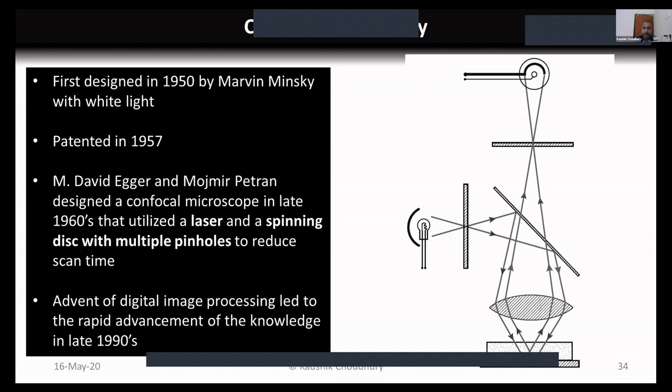After the laser was invented, these experiments got momentum. And with the advent of digital light processing and digital processing of images, confocal microscopy is now an inevitable, indispensable component of any biology, physics or materials research lab.